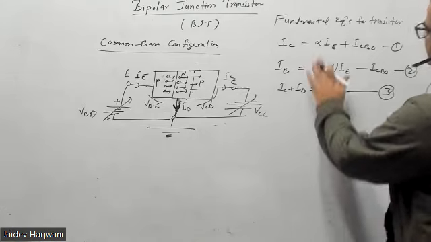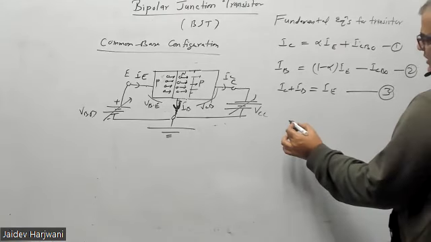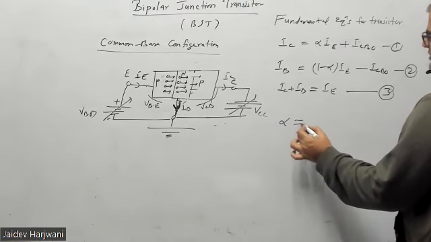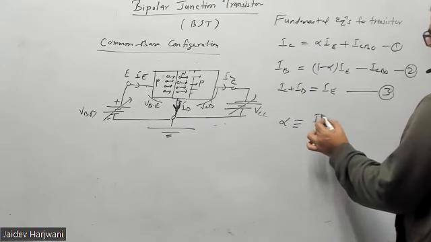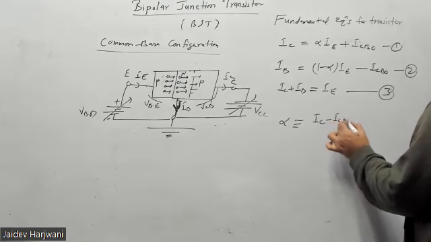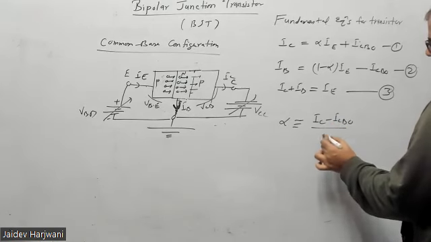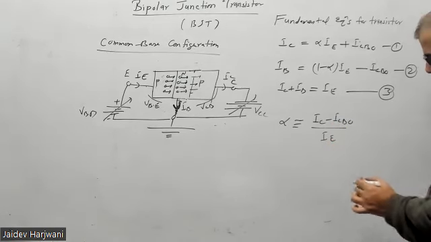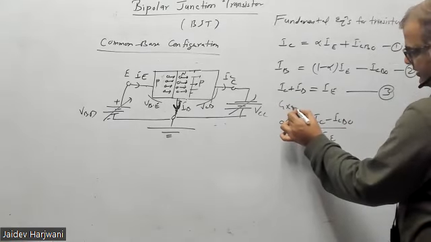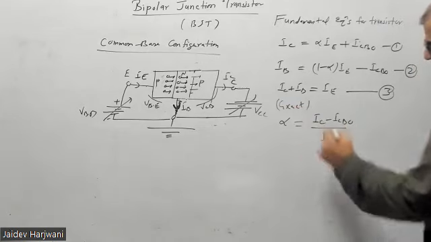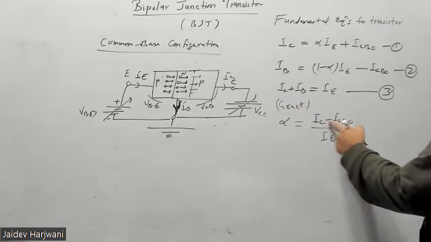One more thing I want to discuss here is alpha. So the alpha value is what? Alpha value is basically IC minus ICBO upon IE. And this is the exact value of alpha. But ICBO is microampere, this is milliampere.